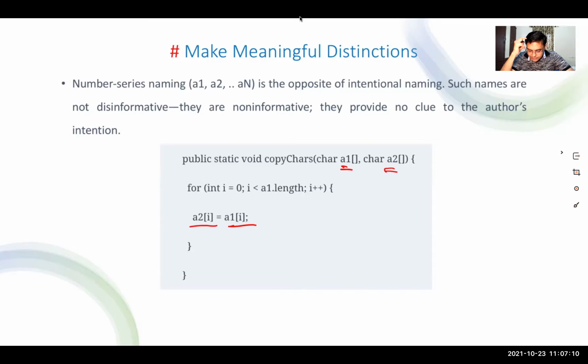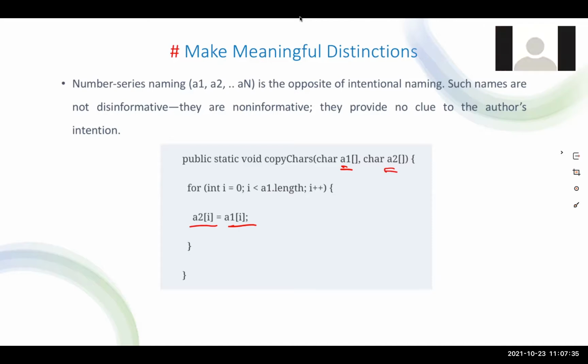Okay, so what is a1 and what is a2? I don't know. Array of characters, that is fine. But what does it do, or what does it actually represent?